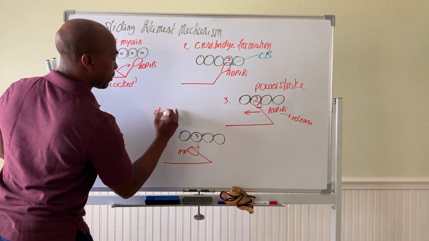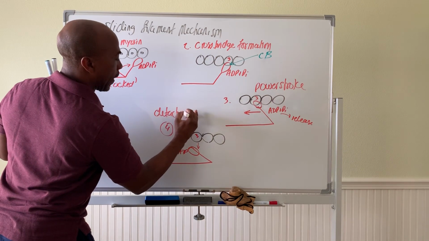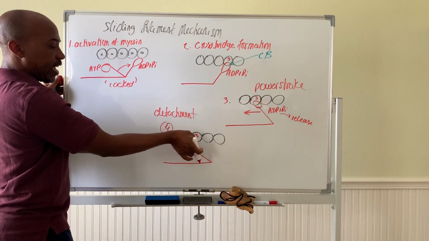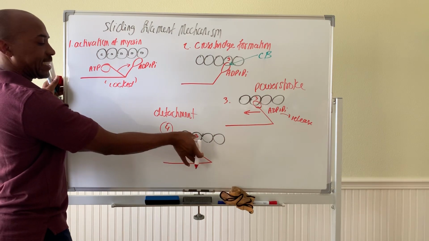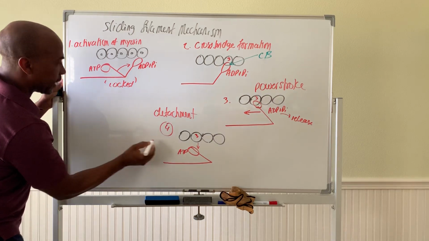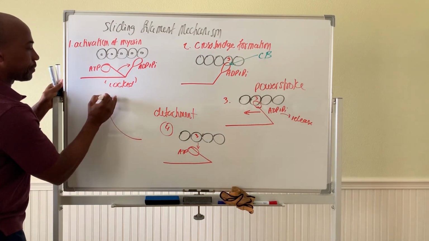See, it's called detachment, where myosin binds to ATP, and because it binds to ATP, it will then release the actin to detach. And then from there, you come back to here.